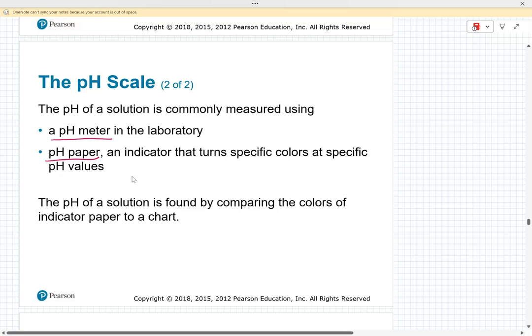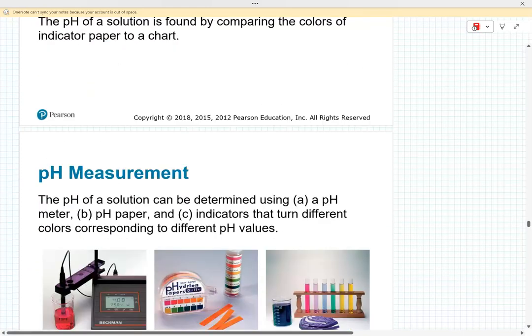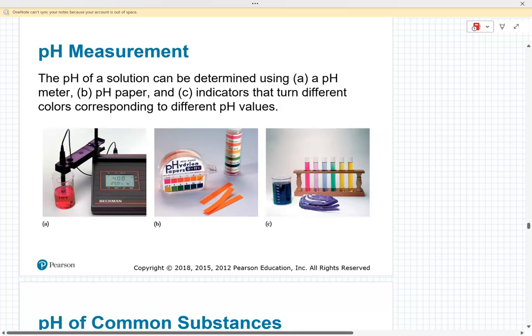So you can measure 7.4, but not 7.45. pH meters that are usually used in labs, if it's not some crazy analytical chemistry lab, have a precision of 2 decimal points. There are some that have a precision of 3, but those are very specialized. Okay? So those are the tools that you can use.